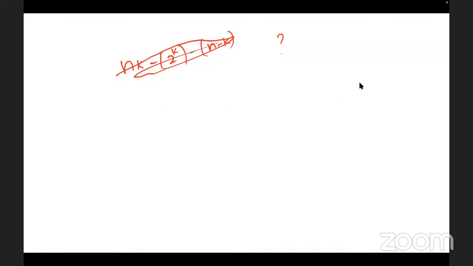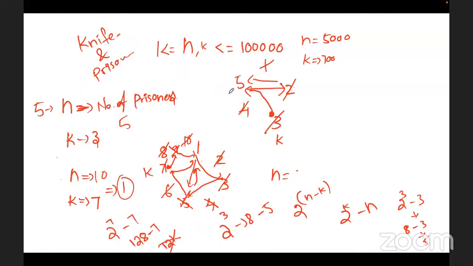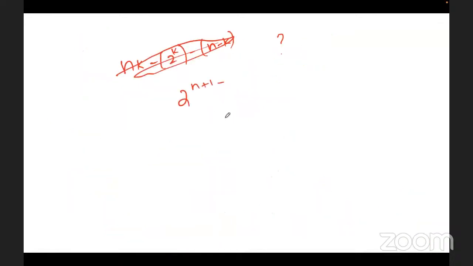Yeah, someone gave me that, 2 power of n plus 1, minus k, by 2. Sir, if you don't mind, please send the maximum formulas as notes. Sure, sure. I will share the notes at last, whatever formulas we are trying here.